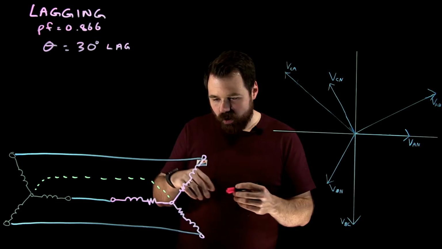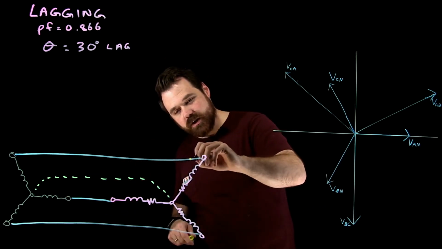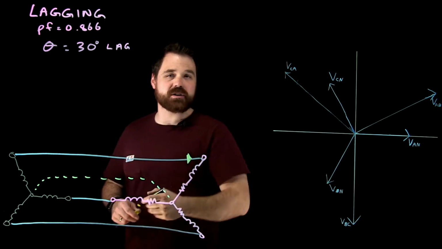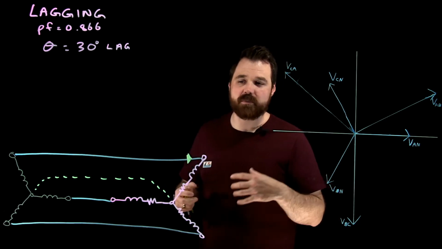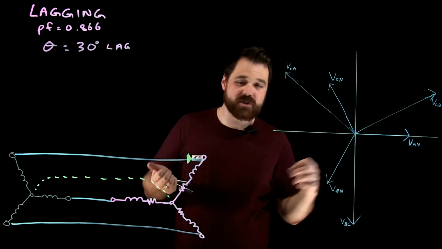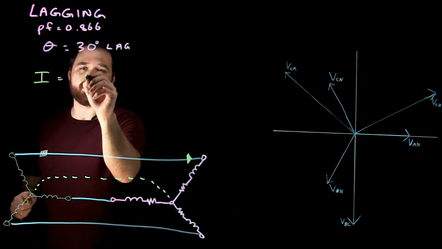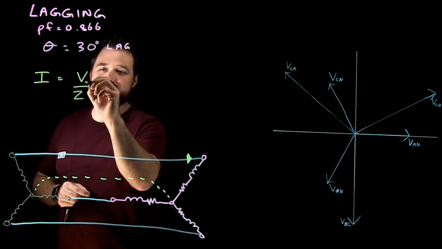Now when we're dealing with current in the Y circuit, I know my line current is equal to my phase current. There's only that one path for current to flow. But when I'm doing calculations, if I'm solving for current, I equals E over Z, it's always the phase voltage and the phase impedance.